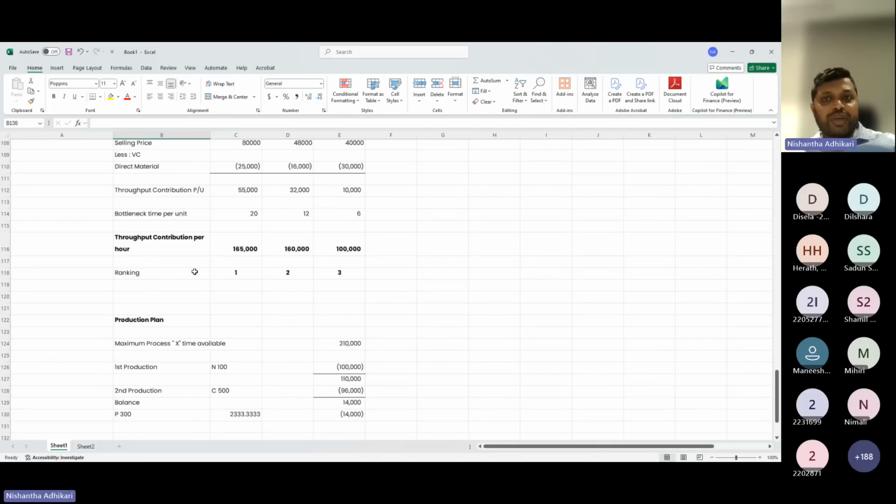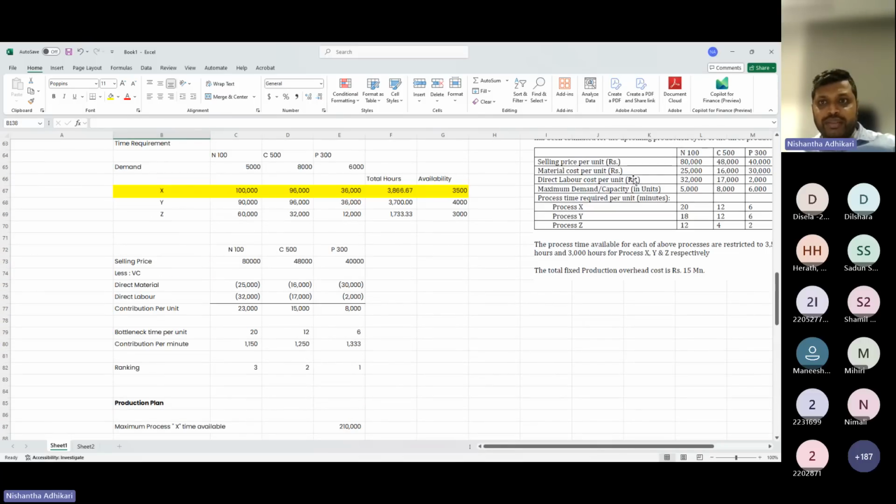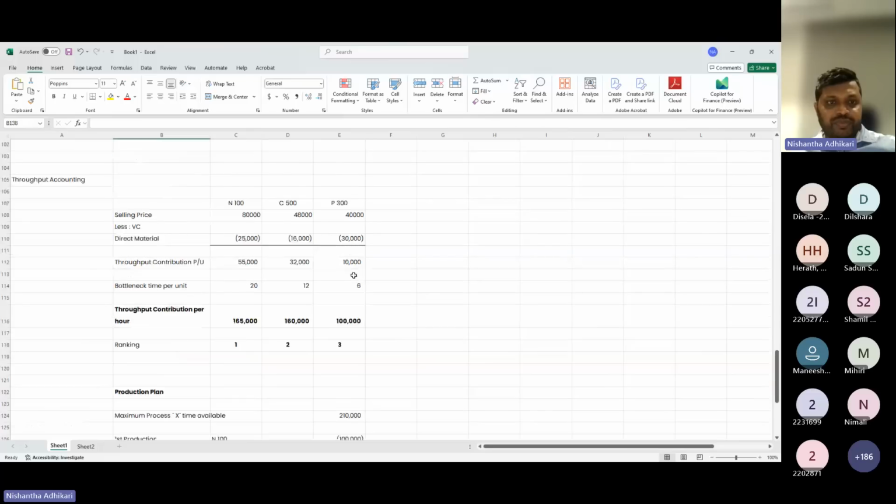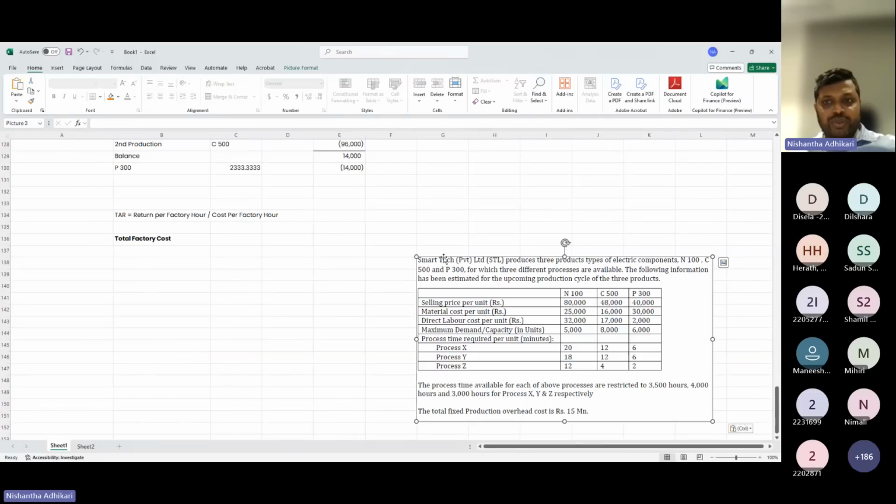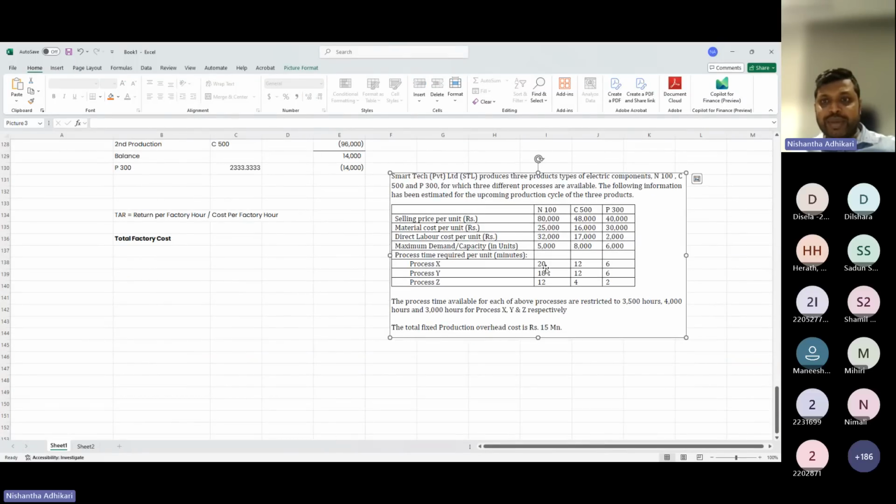When calculating total factory cost, there is some information you have to consider. What is it? Even though they are variable, we have to consider them as fixed. That is direct labor cost.